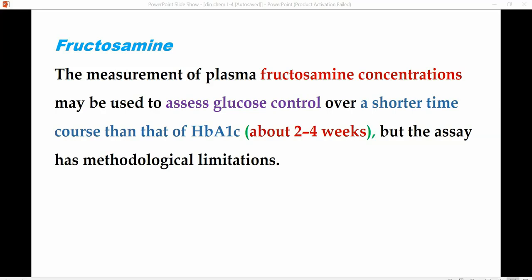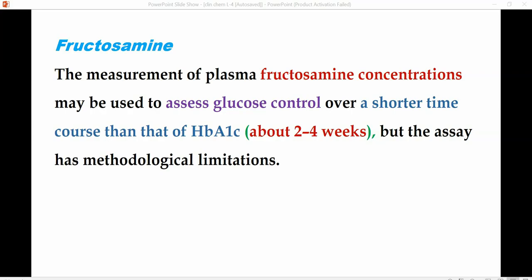Fructosamine assesses the control of plasma glucose level for a shorter duration of time, because it depends on the glycation of plasma albumin, and because of the difference in the lifespan of albumin, which is shorter, about 3 weeks, fructosamine measurement gives us the average plasma glucose level over this period.